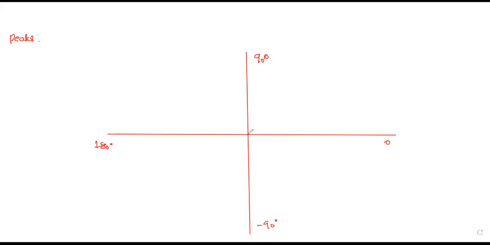So your major lobes should be starting from here. Draw it properly. So this will be your major lobe. It should come in the peak direction, that is along the axis.